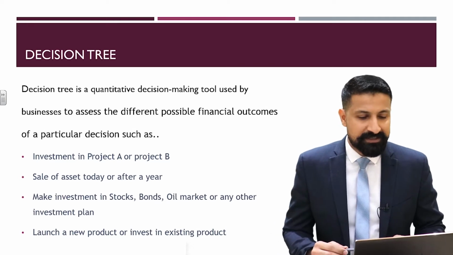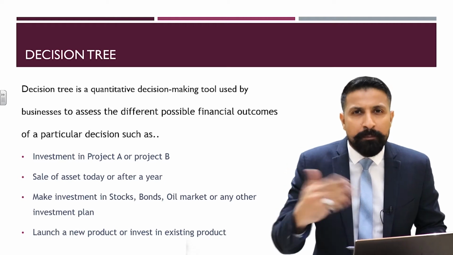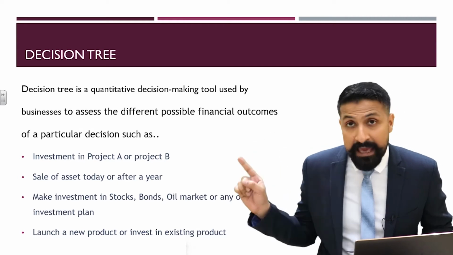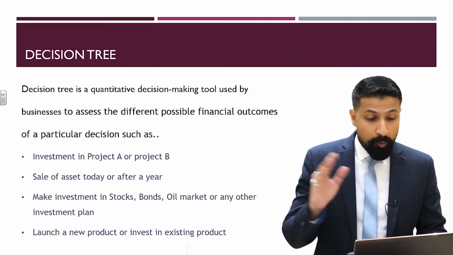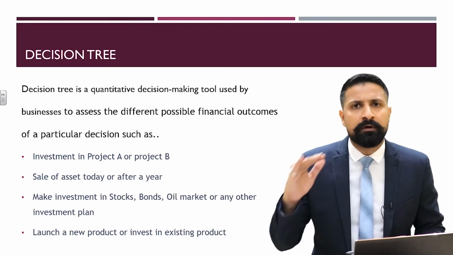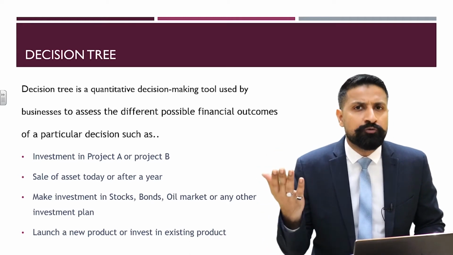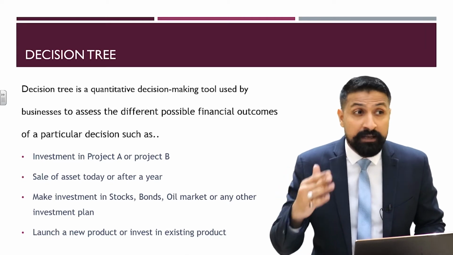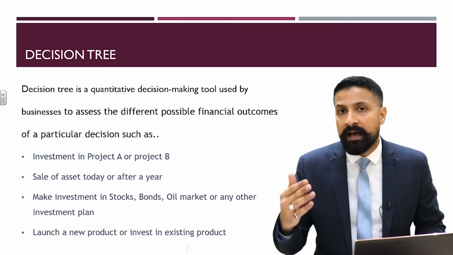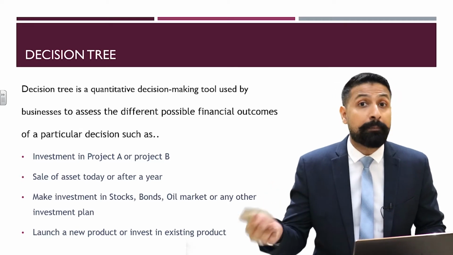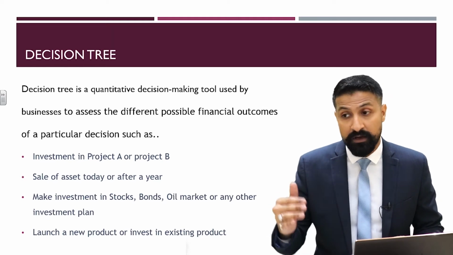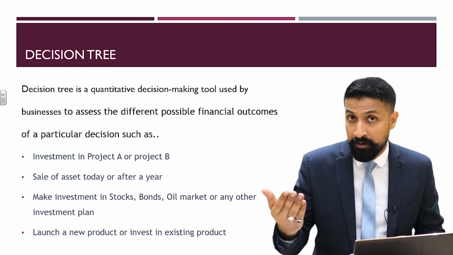Now let's discuss what type of decisions we make, such as whether we should invest in project A or project B, whether we should sell our asset, whatever the asset you have, today or in future. Like if you have any clue that the prices of the asset, prices of land or any fixed asset, will go up or will come down, you make a proper calculation and then you decide whether you should sell your asset today or in future.